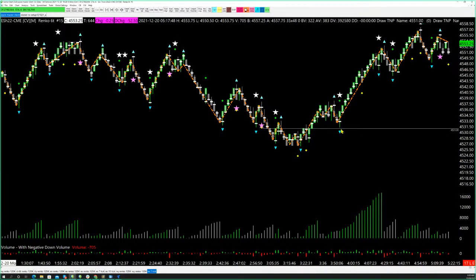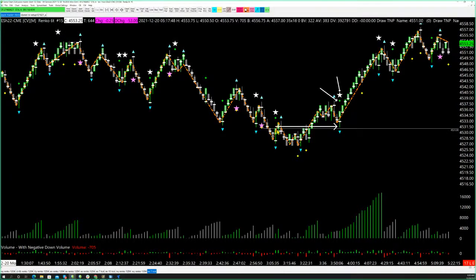Let's just play in pretend land that it touched. Okay. If I get a star, and then I get that star backside tested in the direction that I'm trading, right? So I'm looking for a long. I get that star backside tested, and it prints either a diamond or a star off the backside test of this bar. That is a high odds long.